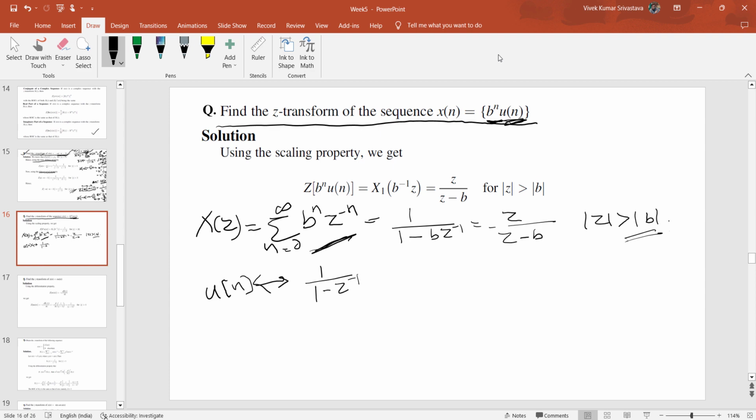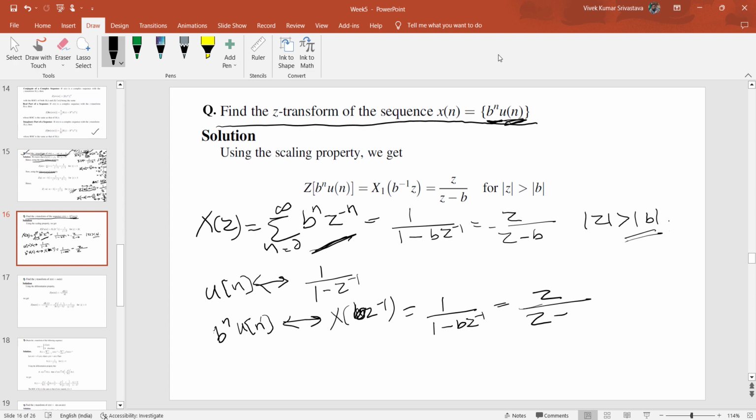So if the signal is b to the power n u of n, then z inverse is replaced by b z inverse. Once you put this in the expression, you will get b z inverse, which equals z over z minus b, and the region of convergence will remain the same. So that's how you can evaluate by using the expression as well as by using the property of the Z transform.